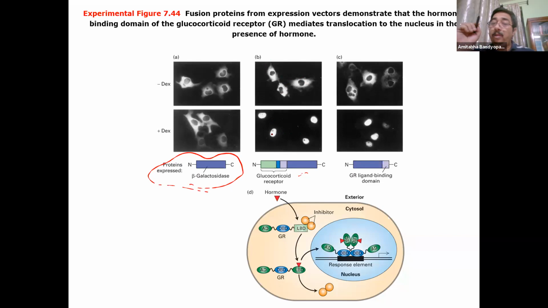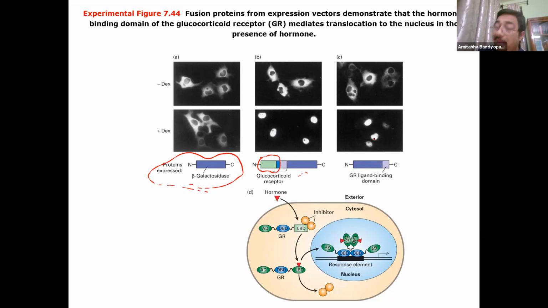And you do not need the DNA binding domain for that. If you eliminate the DNA binding domain or the transactivation domain and only keep the ligand binding domain, even then it moves. So this is an independent activity.